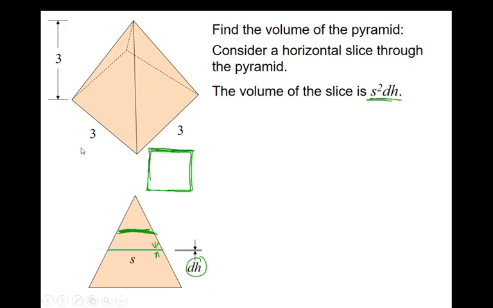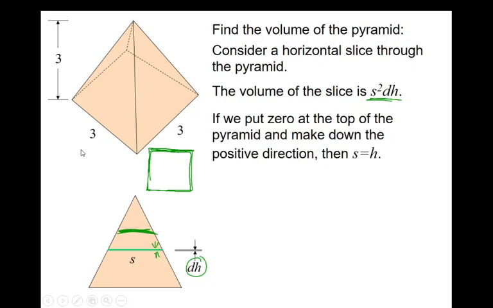But I can use that idea to create an equation for the whole volume instead of just one slice. So this is the volume of one slice, based on the fact that our height and our width are the same. And that's my integral.